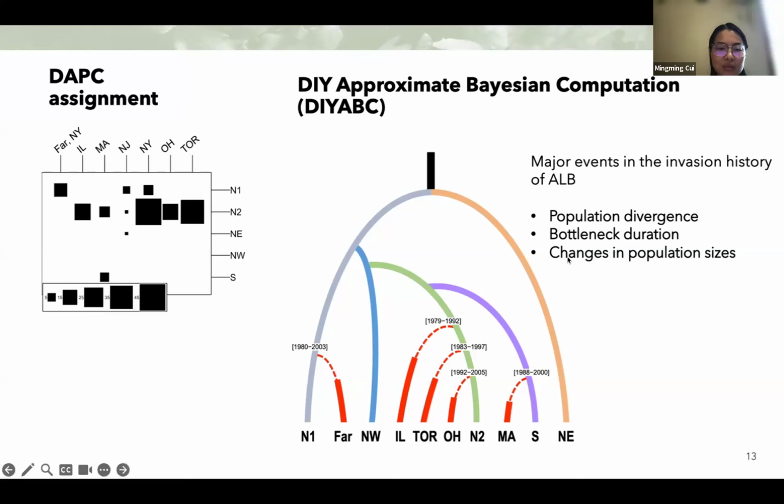The results tell us how and when population divergence occurred, the duration of genetic bottlenecks, and changes in effective population sizes. Our findings indicate that a specific region, the North 2 region, located in the Middle East of China, is the source of most North American invasions.